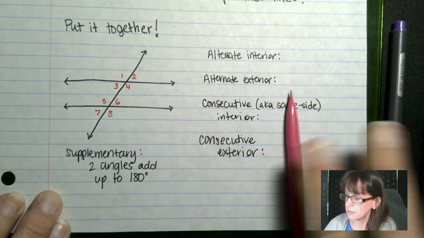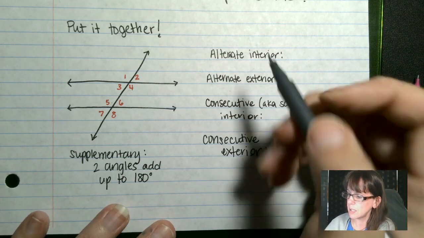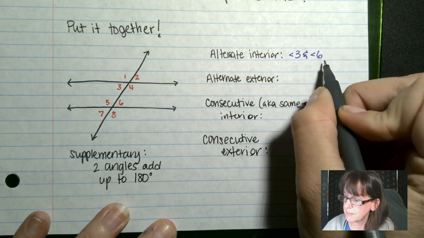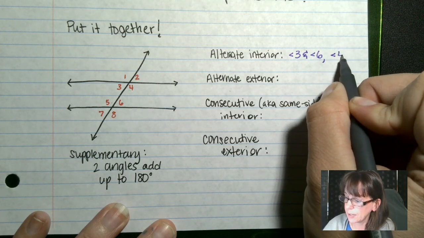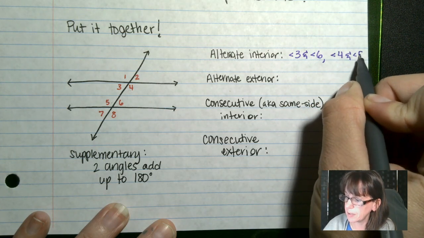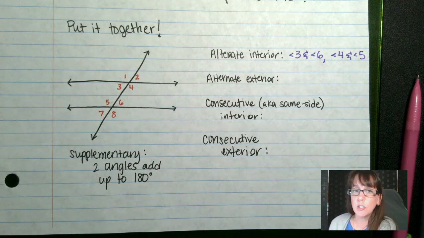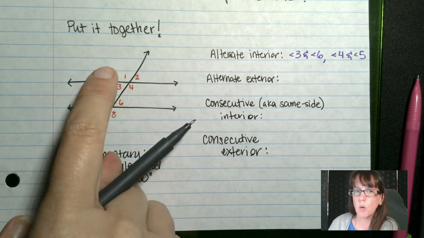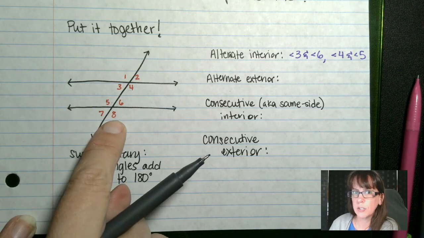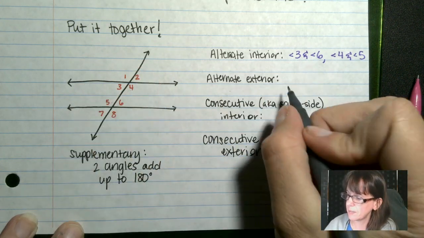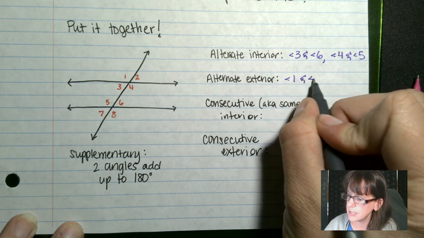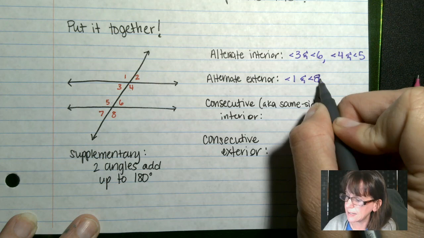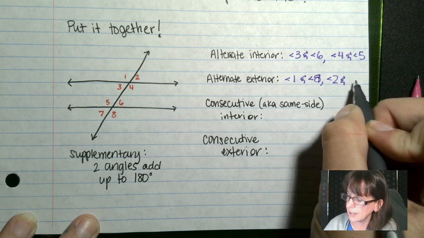So angle 3 and angle 6, and then angle 4 and angle 5 would be alternate interior angles. Now alternate exterior angles would be the ones on the outside, 1, 2, 7, 8. So alternate would be 1 is alternate to 8 and 2 is alternate to 7.